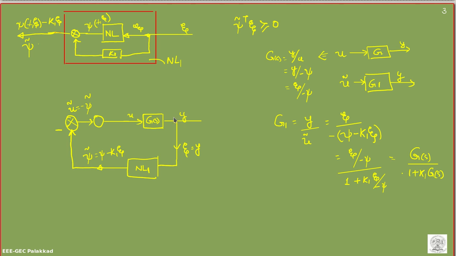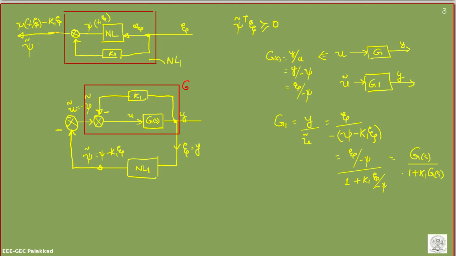But here the actual input is minus psi tilde. So now what we can do is give a feedback here. What is the actual system? gs divided by 1 plus k1 into gs. So it is actually a negative feedback. I can give it using a feedback minus k1 here.